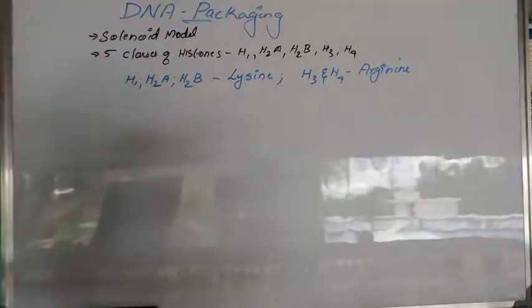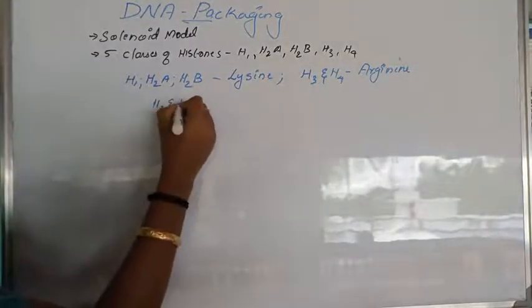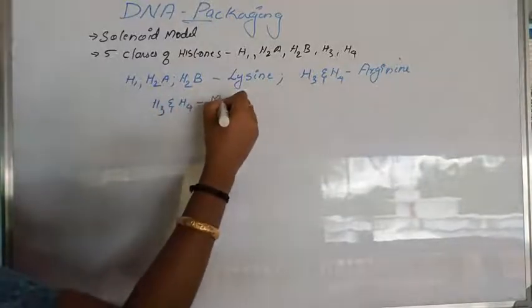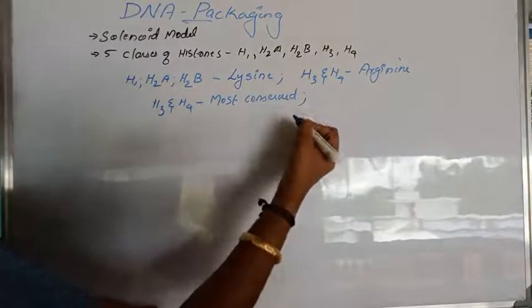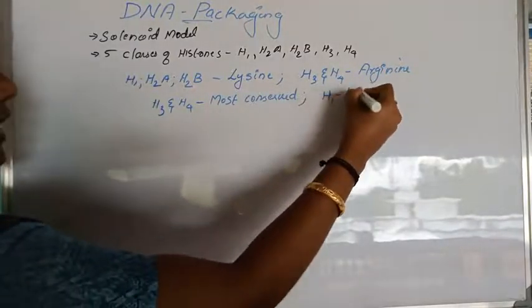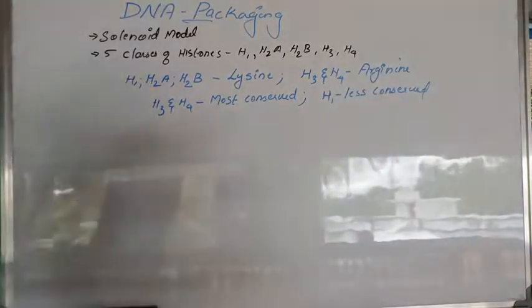The most conserved histones are H3 and H4, and H1 is the less conserved histone.